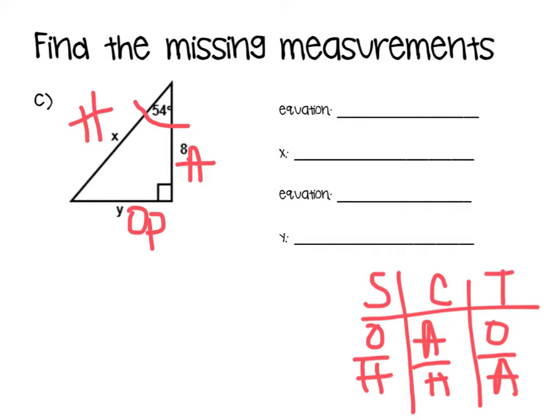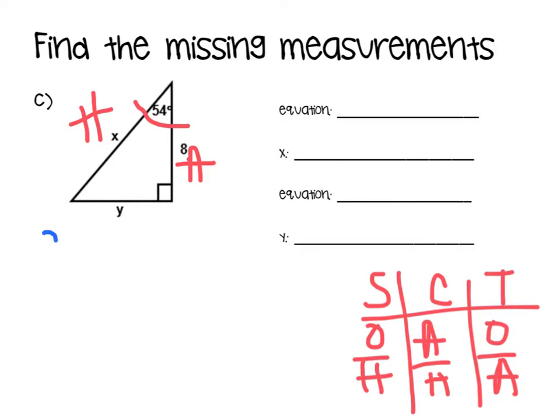To do that, we're just going to ignore that we have the opposite right here. So what we have is an h, which is our hypotenuse, and we have an a, which is our angle. That is our cosine ratio.